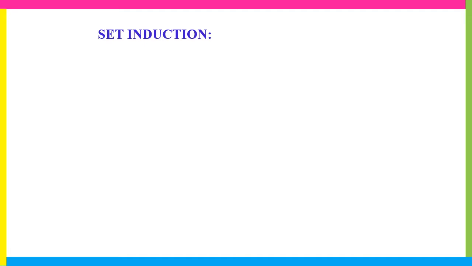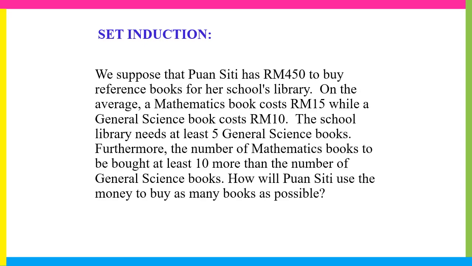Okay, now suppose that Puan Siti has RM 450 to buy reference books for her school's library. Okay, now she has a total of 450. On average, a mathematics book costs RM 15, while a general science book costs RM 10.